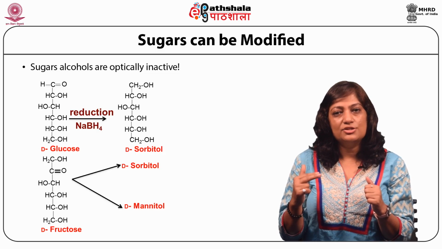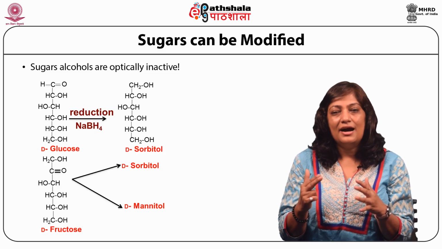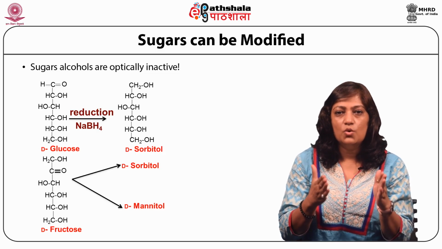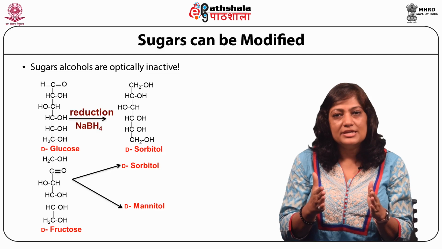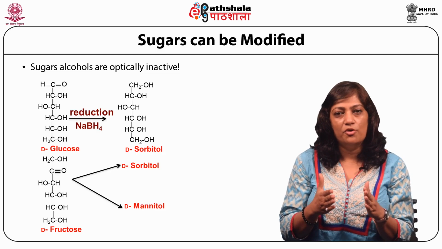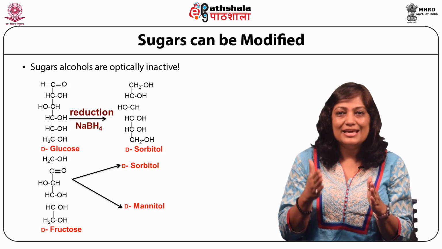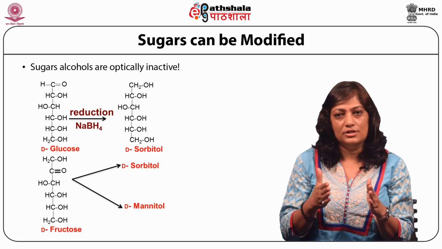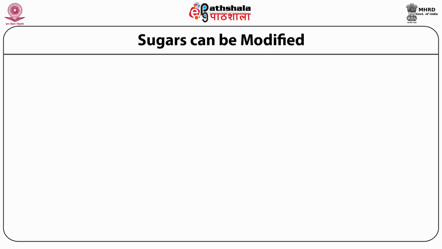So sorbitol, mannitol, etc., are referred to as sugar alcohols, and unlike their parents, which are glucose and fructose in this case, the sugar alcohols are optically inactive, which means that these compounds are not able to rotate the plane of polarized light to either right or left. In other words, the asymmetry in these sugar alcohols has been lost, and hence they are rendered optically inactive.